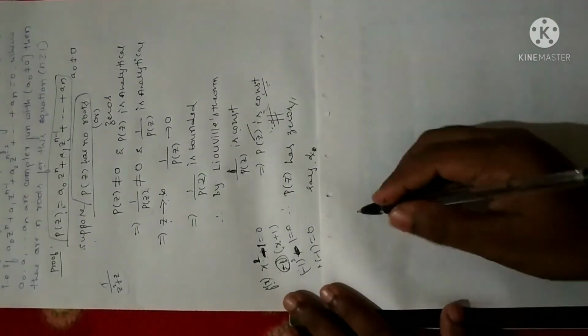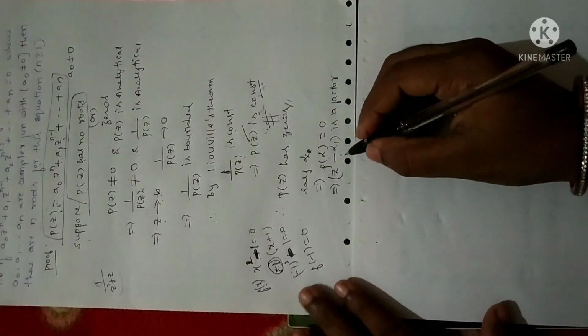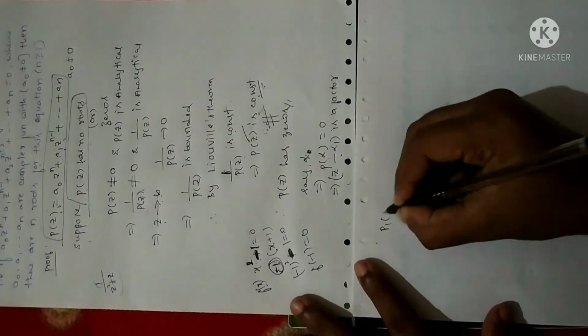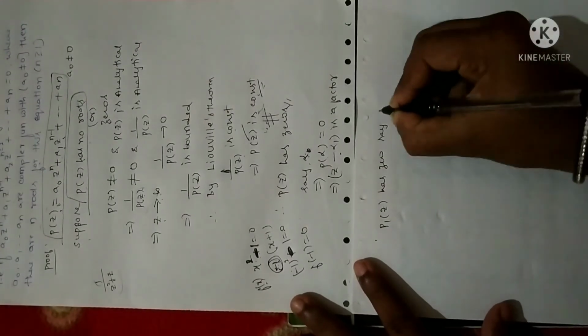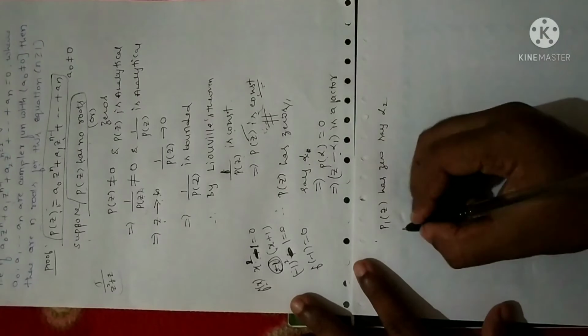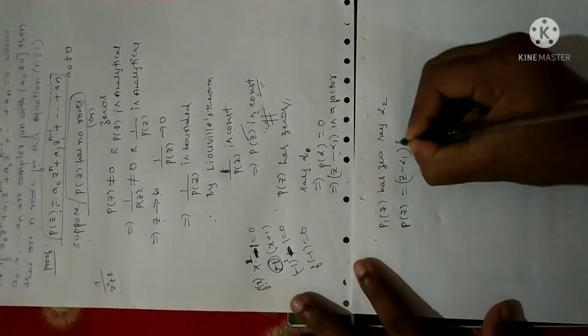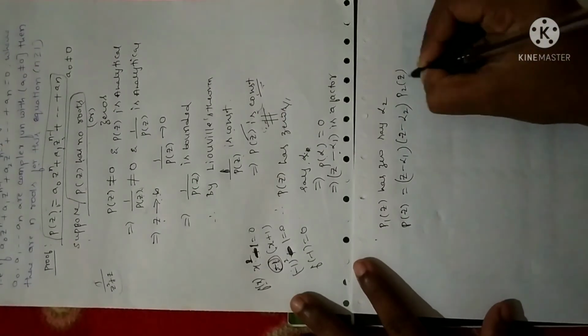So therefore, p of z is equal to z minus alpha 1 into p1 of z, where p1 of z is a complex polynomial of degree n minus 1, and it is obvious. Suppose p1 of z has a zero, say alpha 2. This is for alpha 1. Suppose it has alpha 2 as a zero, how can we express it? As z minus alpha 1 into z minus alpha 2 into p2 of z, and so on.